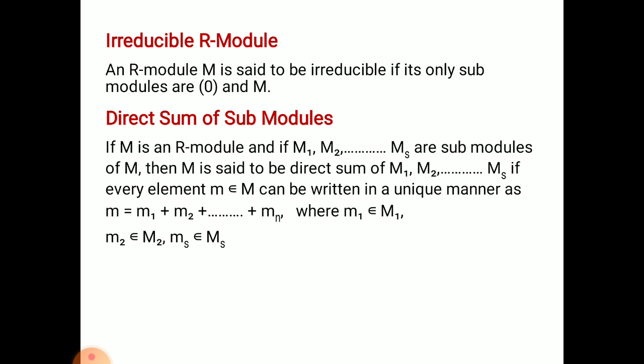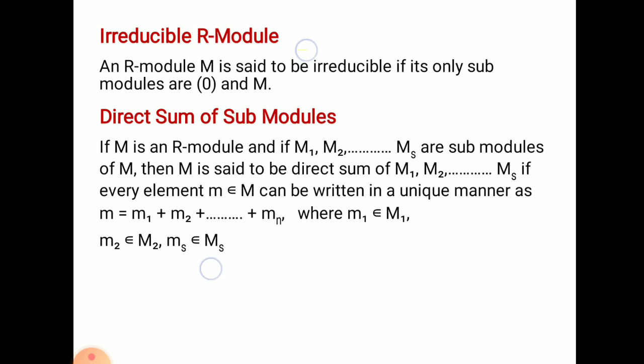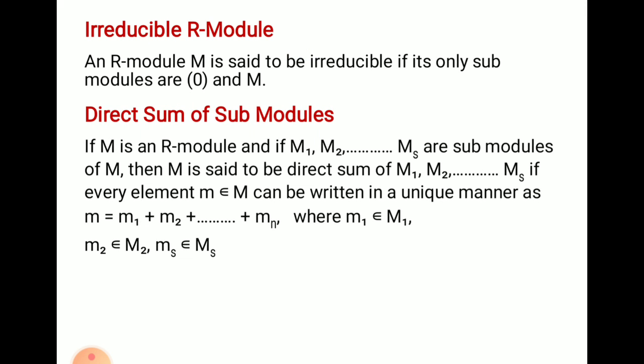Then irreducible R module. An R module M is said to be irreducible if its only submodules are 0 and M. The submodules 0 and M are called dash dash submodules.